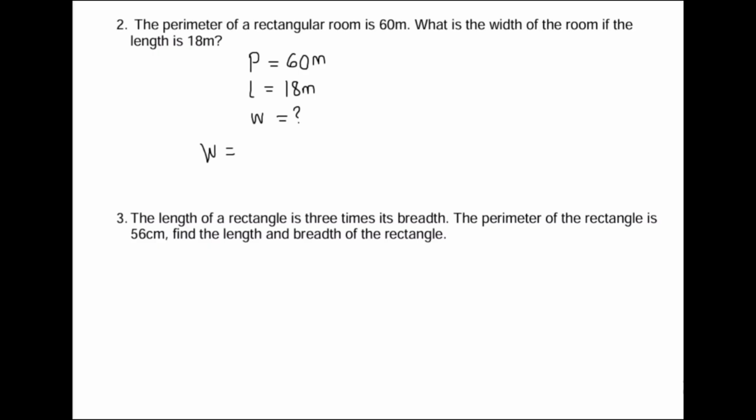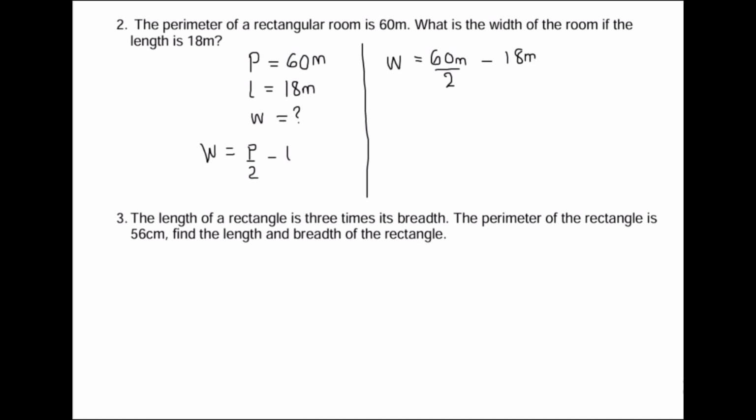If you forget the formula, go back and learn it. So the width is perimeter divided by 2 minus the length. So let me pad this so that we can have enough space to work. So width equals, what's our perimeter? 60 meters divided by 2 minus 18 meters.